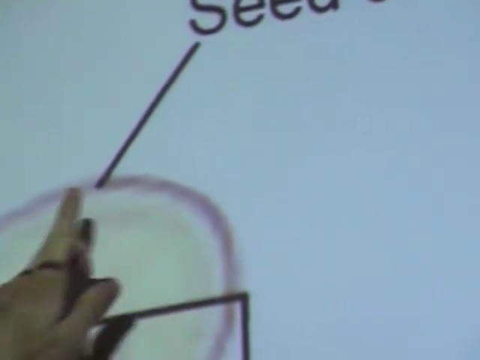So here's an up-close look at the seed. Here again, the seed consists of a seed coat on the outside that's very hard and tough. The embryo, that's the baby plant. And you see the word endosperm here. The endosperm is the food for the baby plant.